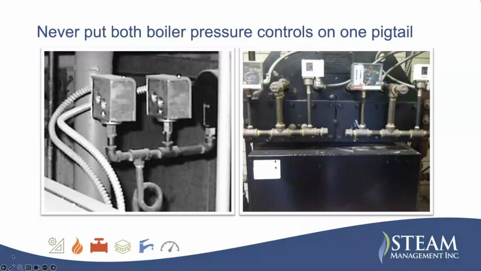Just like this one, instead of the pigtail, they're using a water seal, which you're starting to see more and more people going to. One pressure control is on one, and two of the others are on this side. If this thing were to plug by any chance, you're still going to have a control on this side. If all four were on here and this thing plugged, you've lost control of your boiler.